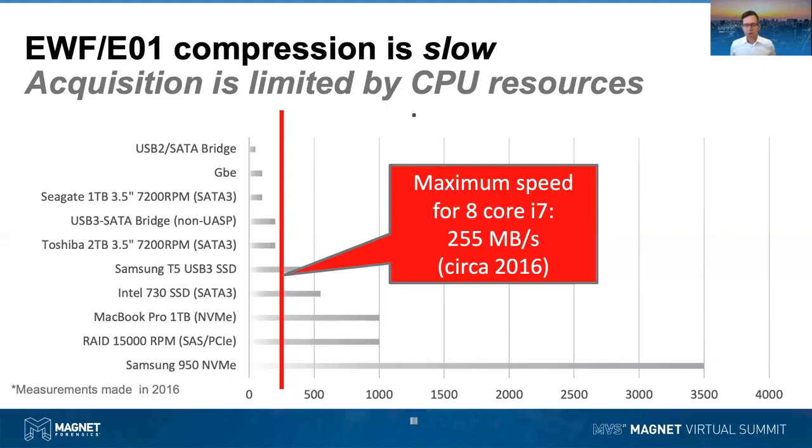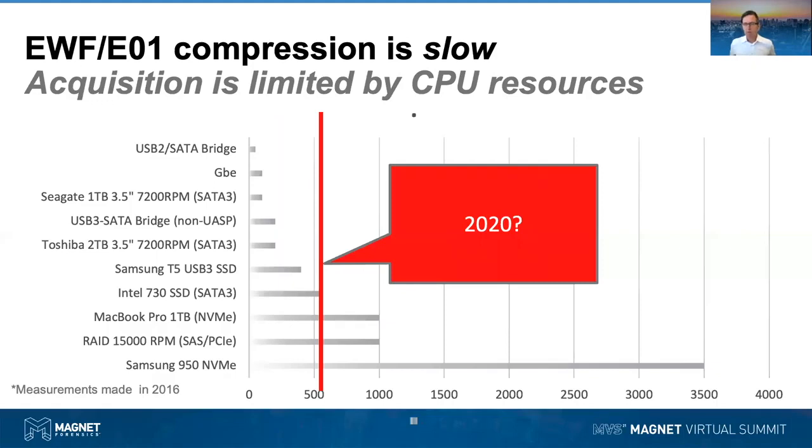More generally, in those time frames, we were only seeing around 100 megabytes a second from some other tools that we were looking at. These days, CPUs have increased in performance a little bit, but really we're not seeing speeds going much higher than the 500 megabytes a second we've been seeing around the place.